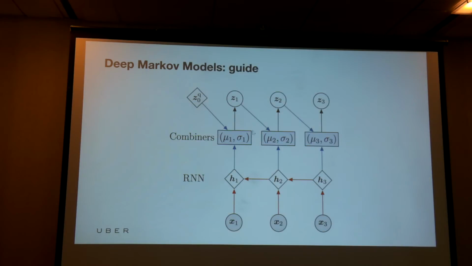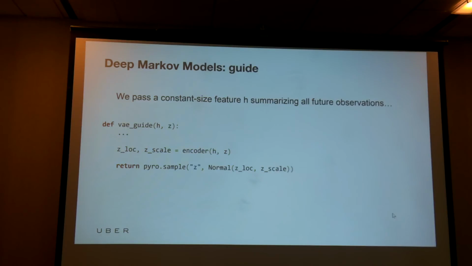Remember, the distribution of Z2 here depends on Z1 and on all values of X from X2 to however long the sequence is. So we could reduce those down to approximately that in our guide.